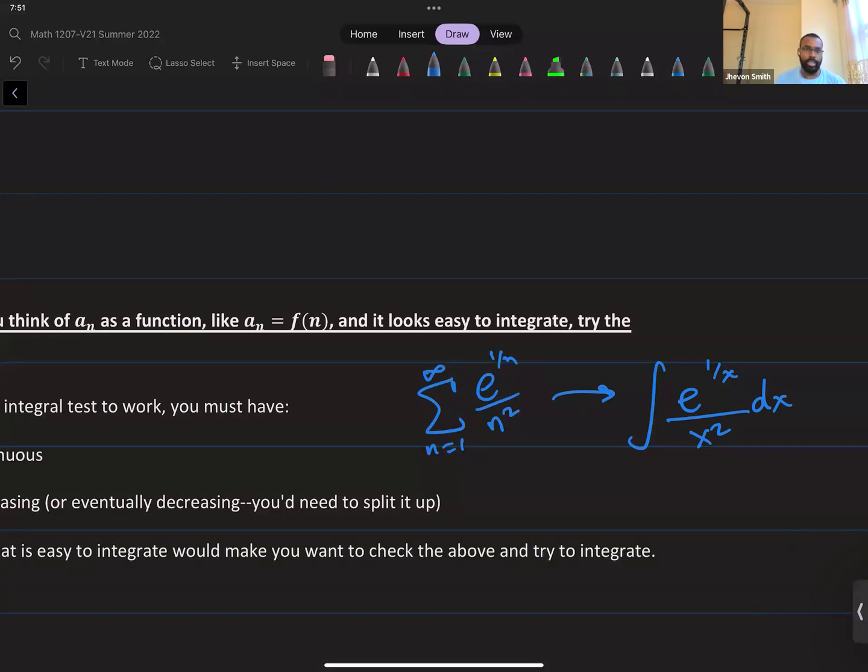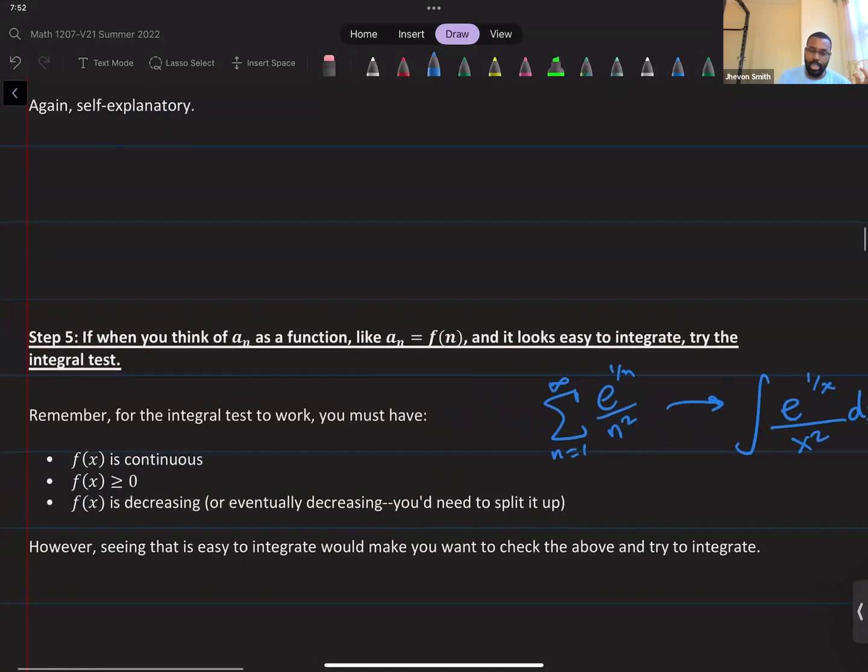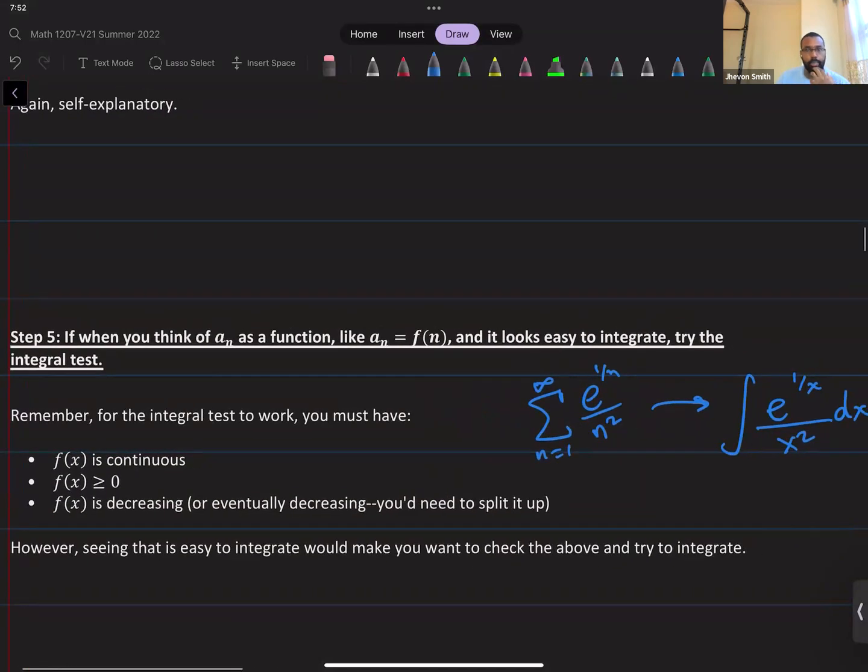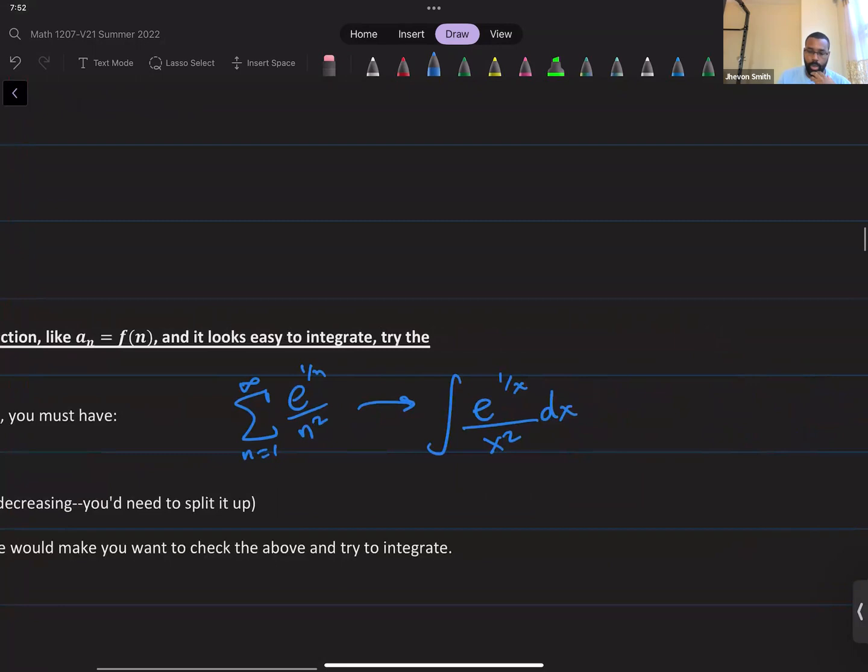The integral of this is minus e to the u. So it's minus e to the 1 over x. I can see that in my head. It's very clear. A substitution could kill this as an integral, but it's not an integral. It's actually a summation. So whenever you see something that you could technically integrate easily, I would think the integral test. So this is an easy integral by substitution.